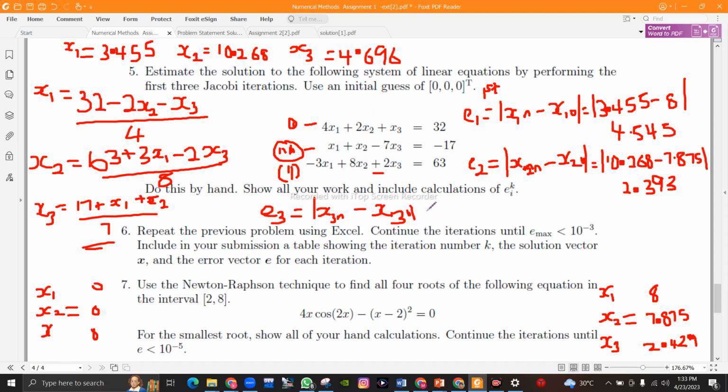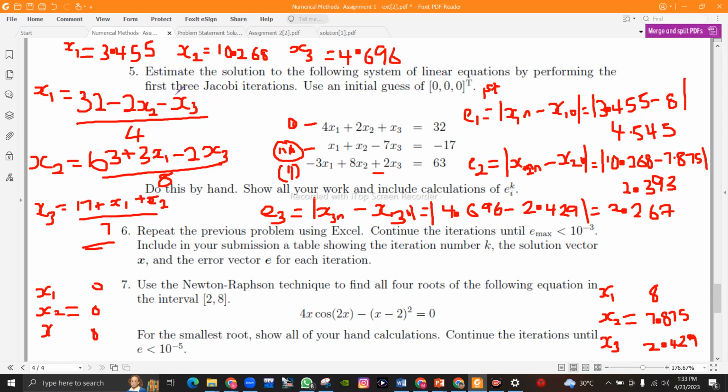That's 4.696 minus the old one, 2.429. If we subtract that, 4.696 minus 2.429, you're going to have 2.267. So that's our error 3 after the second iteration, and this is our new x that we use for the third iteration.